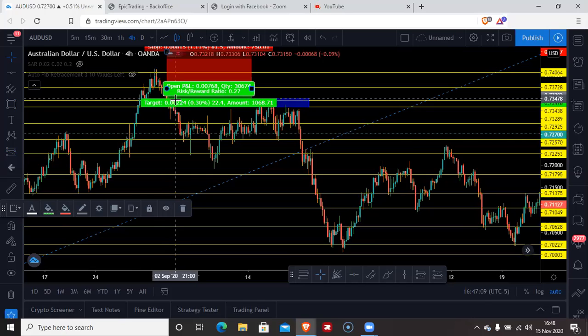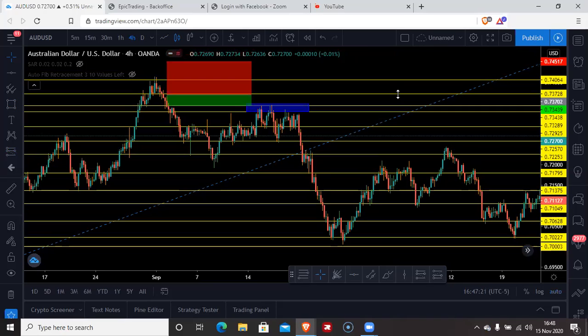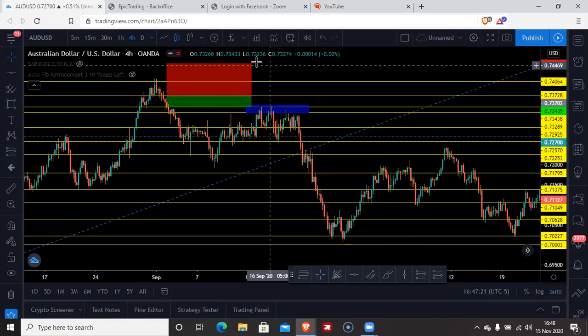Just from that zone right there, easy 26 pips. Easy 26 pips. Then you know about the lot sizes: 0.01 is 10 cents, 0.1 is $1, a standard lot is $10.